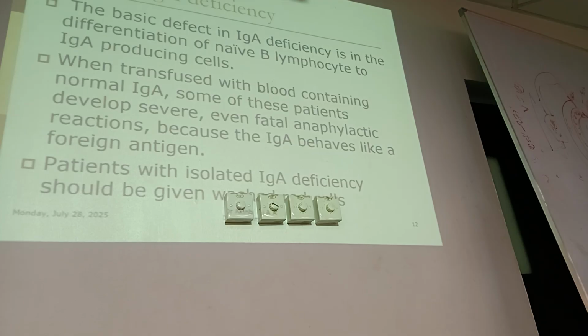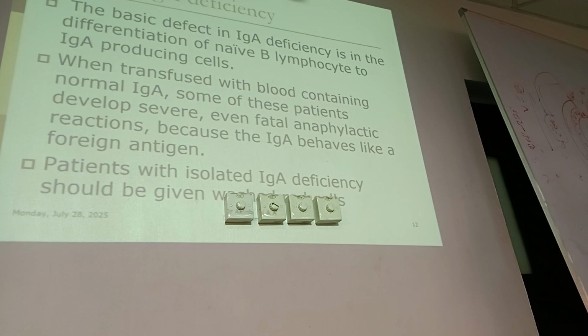So when transfused with blood containing normal IgA, some of these patients, because they lack IgA, can see the IgA in the blood as an antigen, and then they develop antibody to the IgA, and then they will react with anaphylaxis. So some of these patients develop severe, even fatal anaphylactic reactions because the IgA behaves like a foreign antigen.